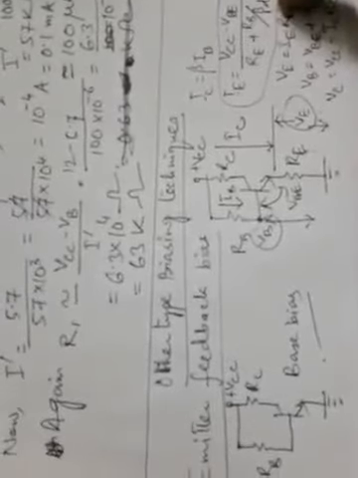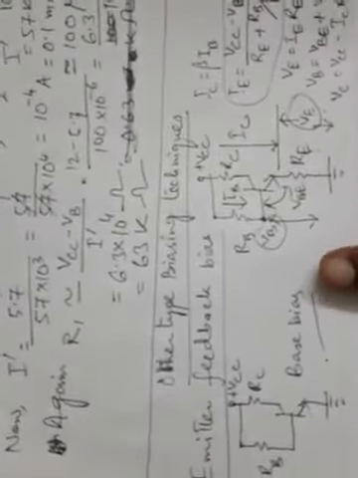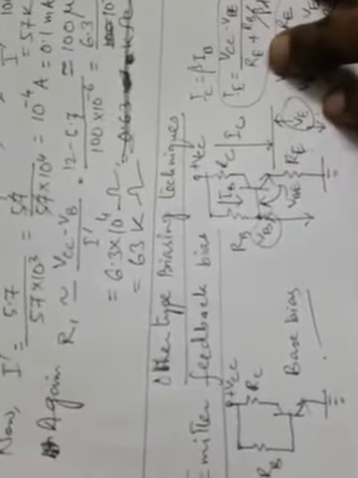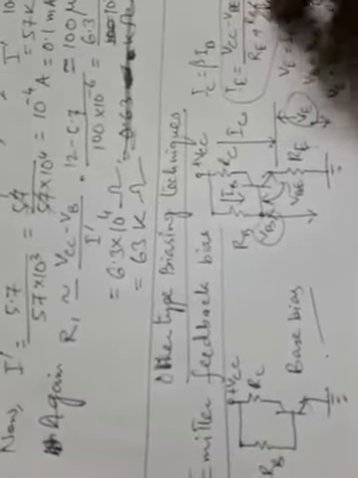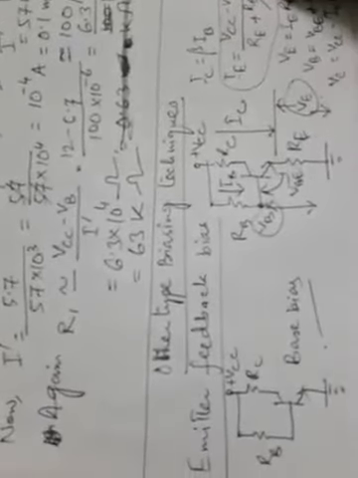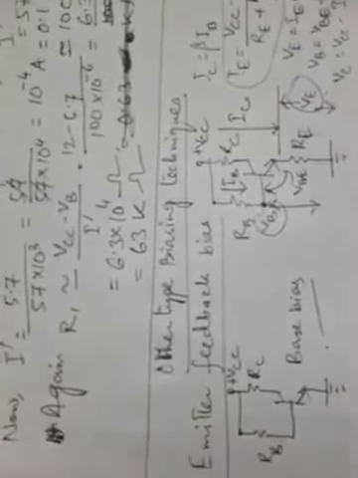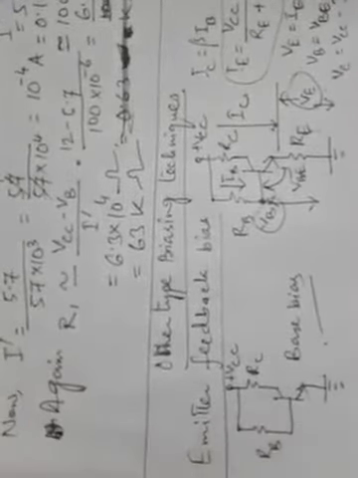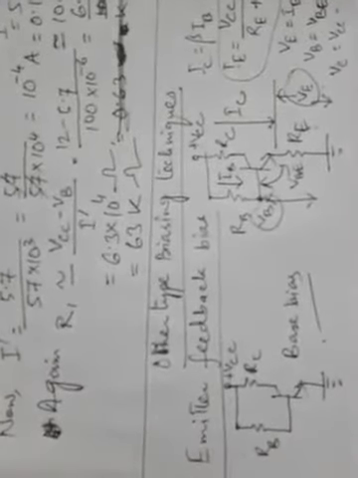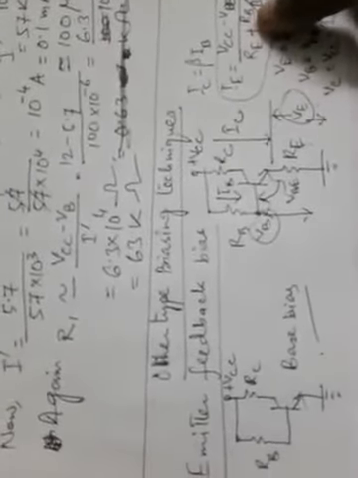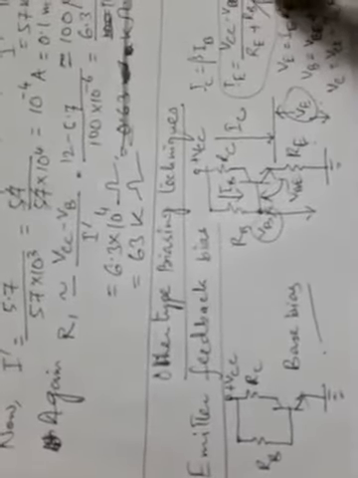That means to nullify the effect of beta on this biasing technique, this RE should be selected in such a way that it should be greater than this term RB by beta DC. So the RB by beta DC term may be neglected. If this condition is satisfied, then this first equation will be insensitive to changes in beta DC.